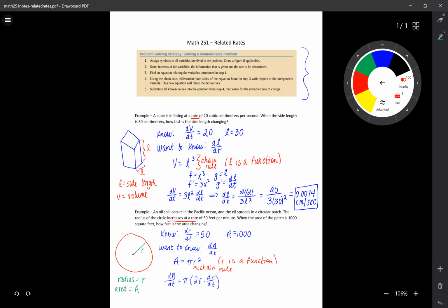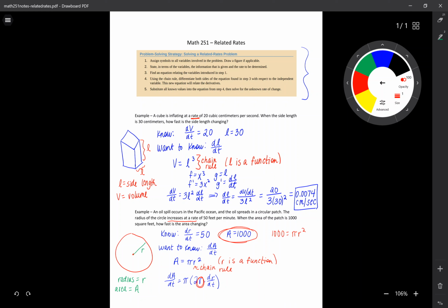However, we have an issue here because in my equation, I have the radius, and the other piece of information I have is area. Well, that's okay because we know the relationship between area and radius, so I can solve for the radius that we are concerned with. So I want to know the radius when the area is equal to 1,000. So I know that 1,000 equals pi r squared.